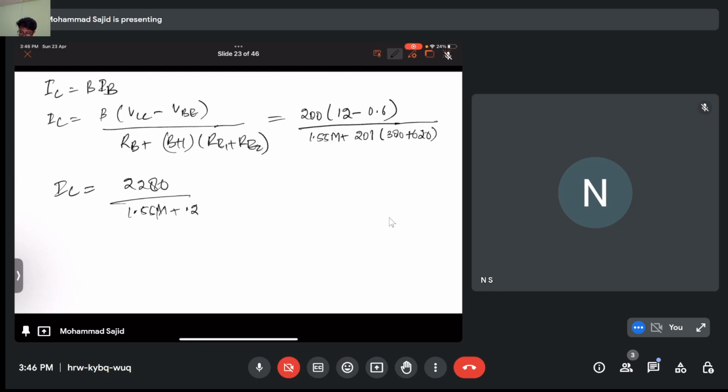So that will be 2280 divided by 1.75 mega.